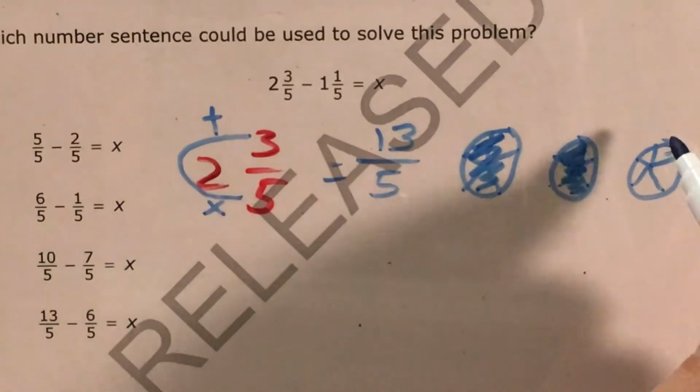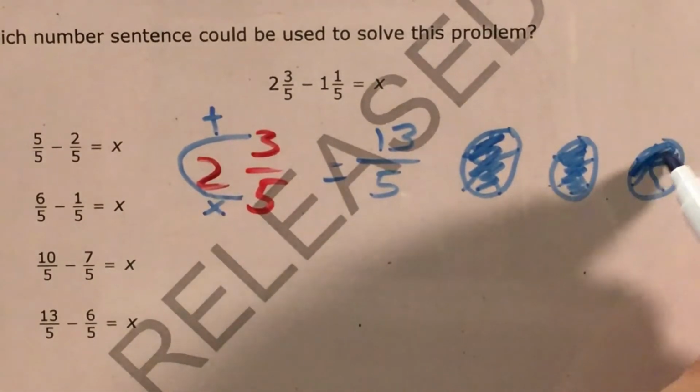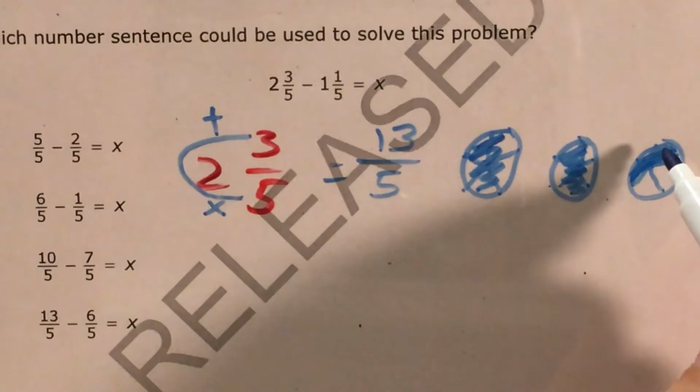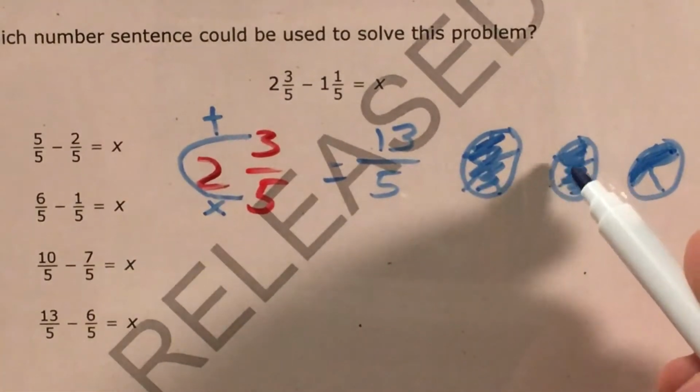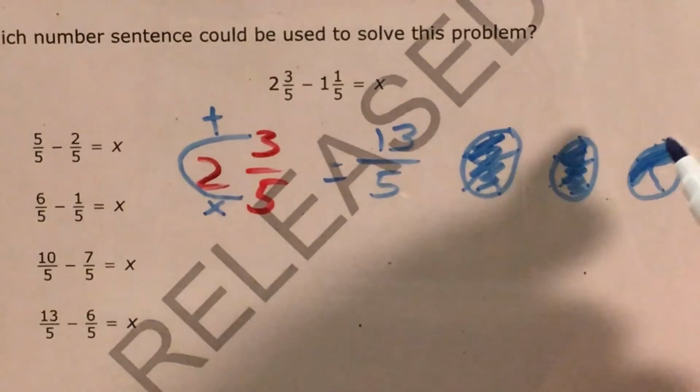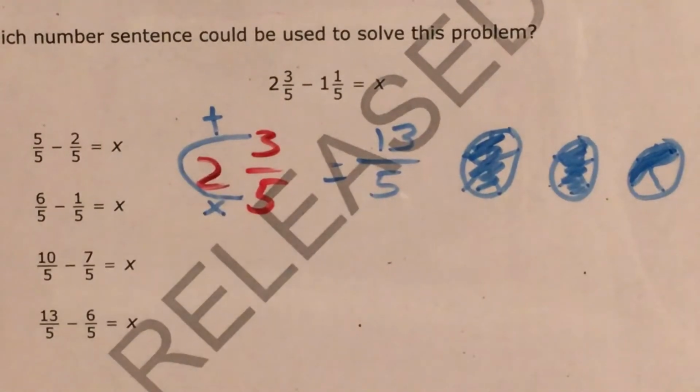And for my 3/5 over here, I'm just going to fill in this part, which means that I've filled in 1, 2, 3, 4, 5, 6, 7, 8, 9, 10, 11, 12, 13 sections of these circles, and that's where this number 13 comes from.